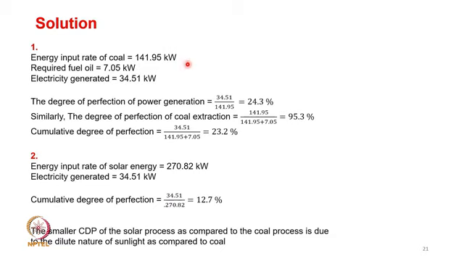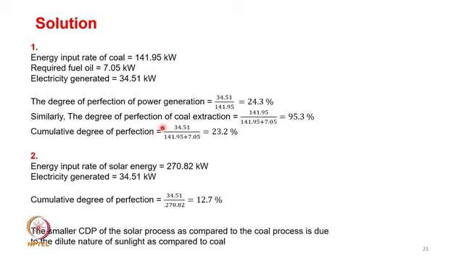So let's look at the case here. The energy input rate of the coal is 141.95 kilowatt. Required fuel oil is 7.05 kilowatt, and the electricity generated is 34.51 kilowatt. So the degree of perfection here would be 34.51 divided by 141.95, which is 24.3%.